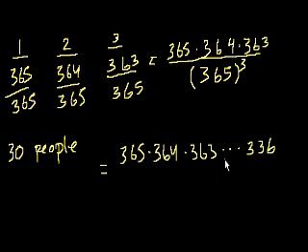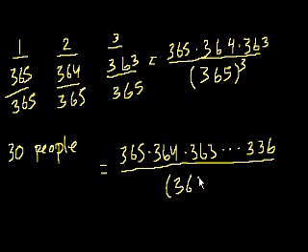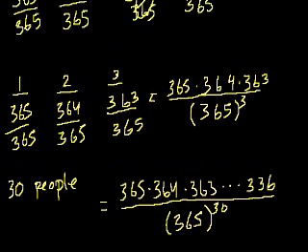That'll actually be 30 terms divided by 365 to the 30th power. And you could just type this into your calculator right now. It'll take you a little time to type in 30 numbers, and you'll get the probability that no one shares the same birthday with anyone else. But before we do that, let me just show you something that might make it a little bit easier.